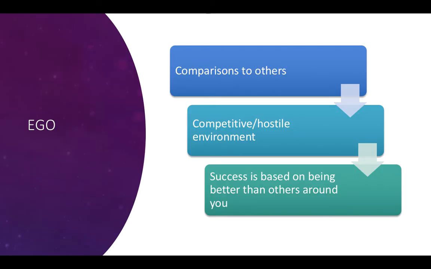So then, ego-oriented goals. Now, these aren't necessarily bad in retrospect. Sometimes you need an ego goal to give you a boost. Ego goals are focused on comparing yourself to others. It can often create a competitive or hostile environment, and your success is mainly based on being better than others around you.